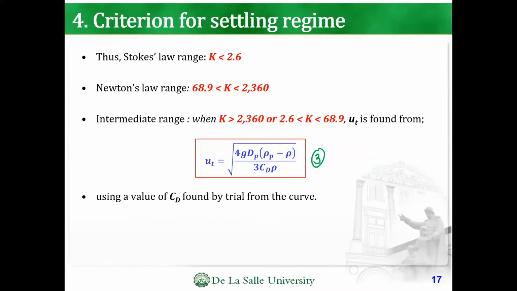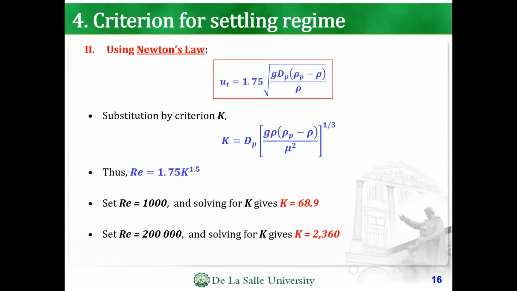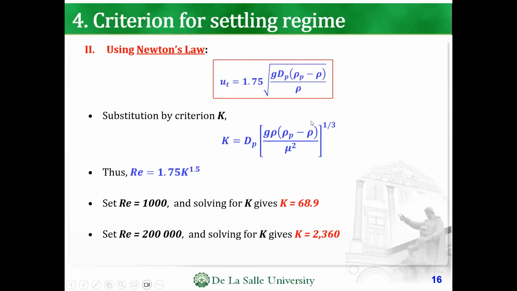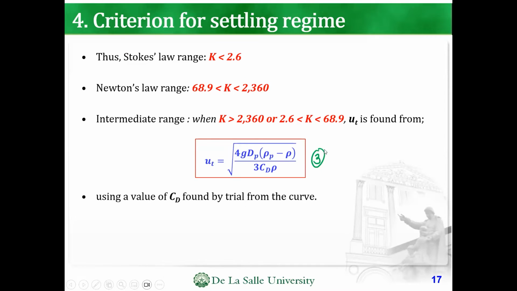And lastly, this is if it's in the intermediate range, right? This one. But we need to solve first for the criteria. For the criteria for settling, even if it's Newton's law or Stokes' law, the formula for K is the same, right? So as I said, we should try to solve for K.